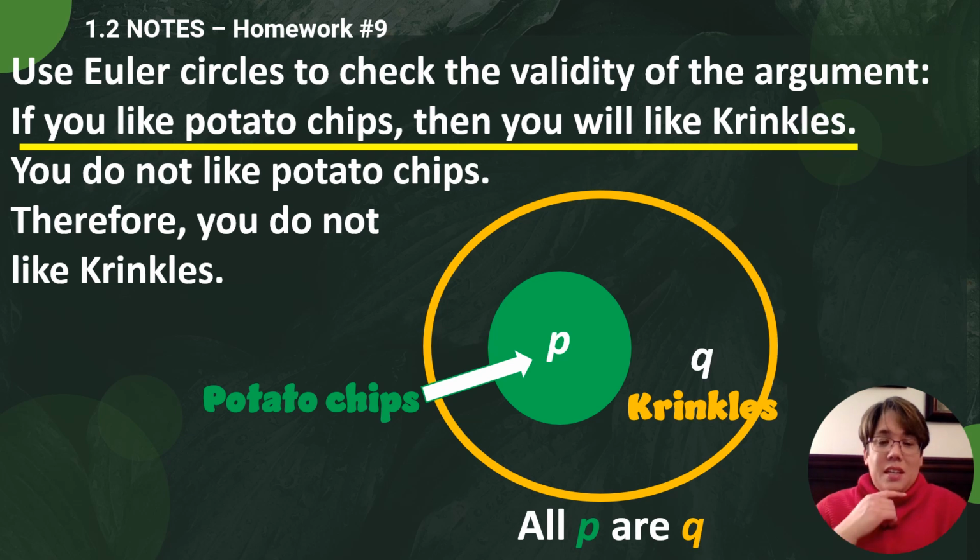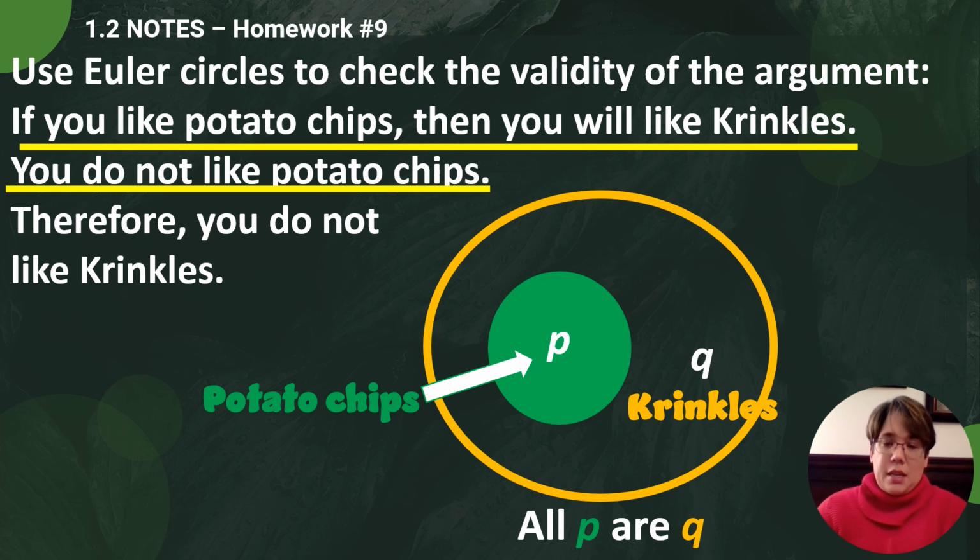Now, here's the next thing though. This is a little different. This says, you do not like potato chips. If you don't like potato chips, let's think about where you would live in this diagram. Well, gosh, you could live way out here outside of the diagram altogether, right?